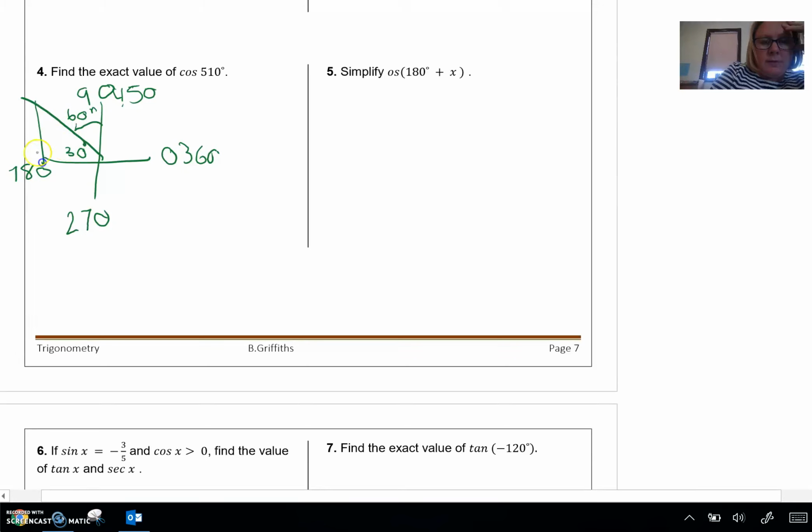So it's going to be the same as minus cos 30, which is, I don't know, whatever, half or root 3 on 2. You can do that on your calculator. Okay, simplify cos 180 plus x. That's going to be minus cos x because it's in the tan quadrant.